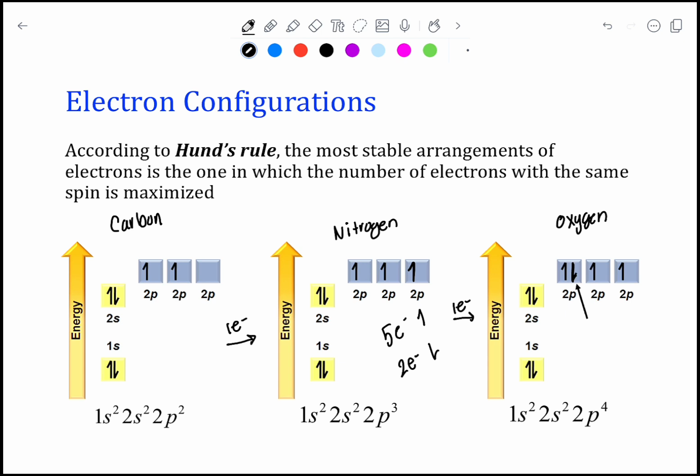That's Aufbau's principle, that we go from lowest to highest energy. The Pauli exclusion principle then tells us that that spin has to be an opposite spin, so we're going to do downspin, which is opposite of our upspin. This is still following Hund's rule because I now have 5 electrons with an upspin and now 3 electrons with a downspin. So I'm still maximizing how many electrons have the same spin.